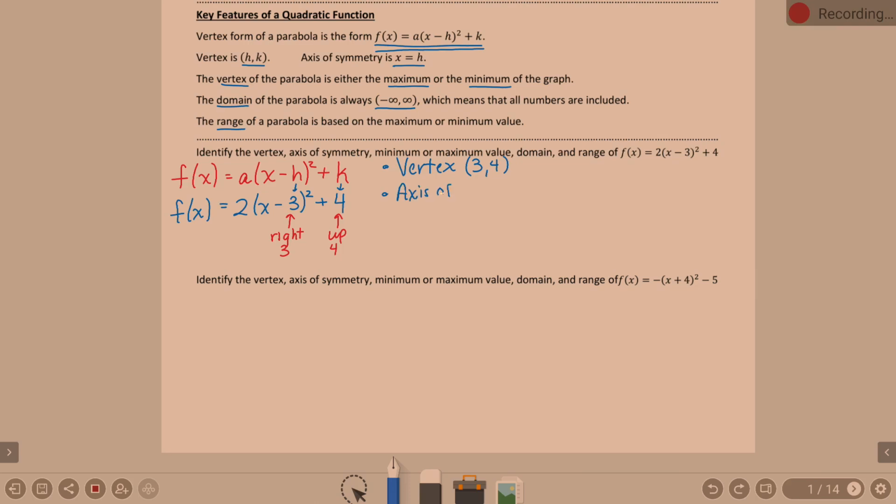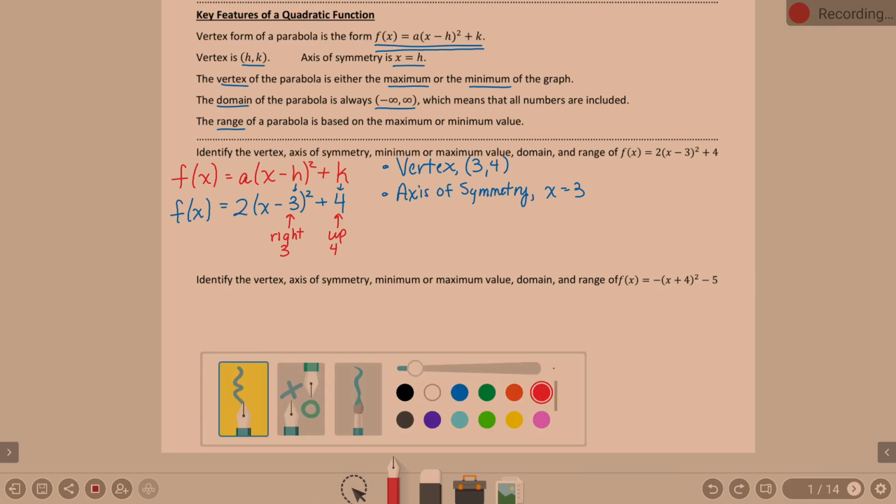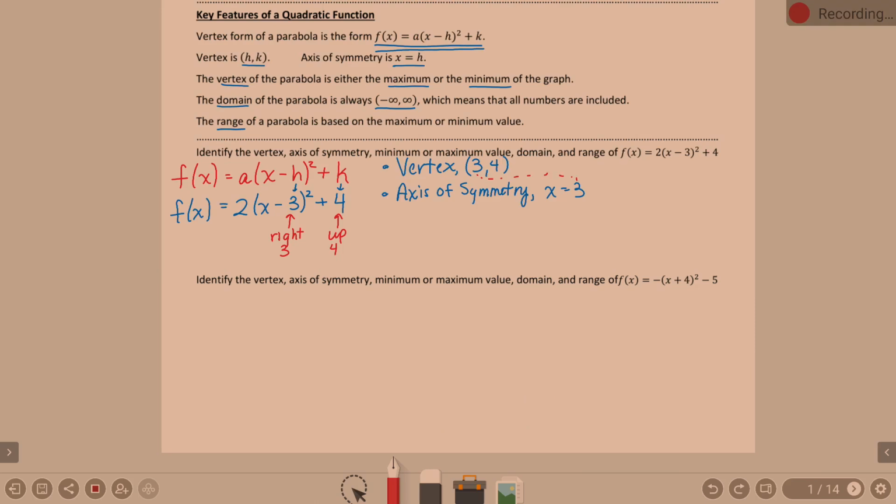Axis of symmetry. Thoughts on axis of symmetry? x = 3. And why is it x = 3? It's always the first number from the vertex, yes?